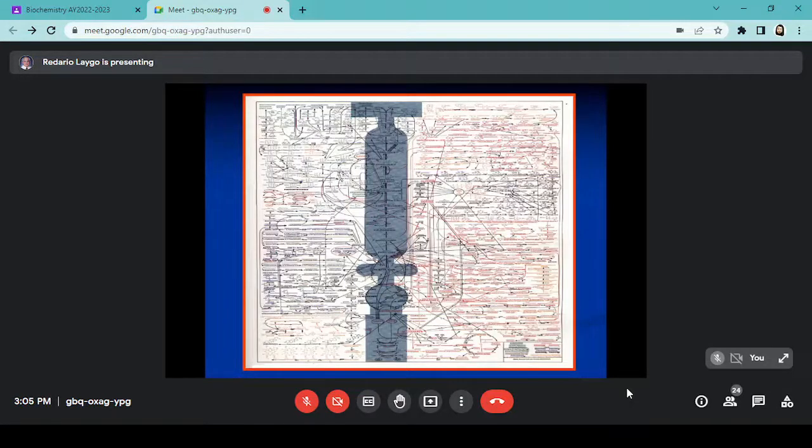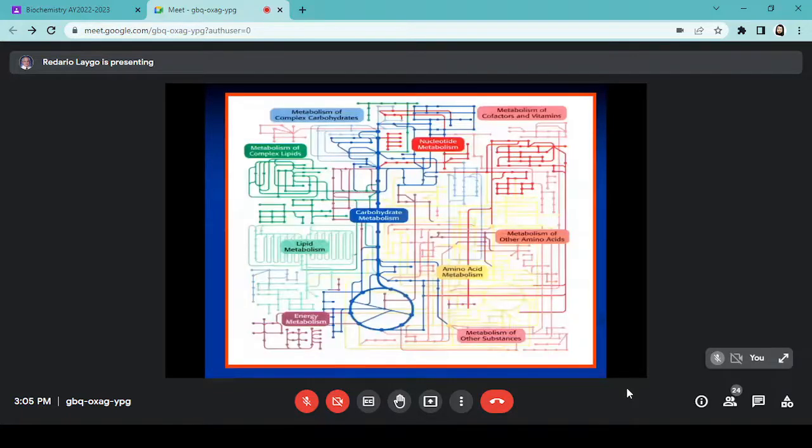So this is actually the whole gamut of the different metabolic pathways that you will be studying in biochemistry. To simplify that, you will be dealing with your carbohydrate metabolism, lipid metabolism, protein and amino acid metabolism, energy metabolism, metabolism of lipids, also metabolism of cofactors and vitamins, and so on.